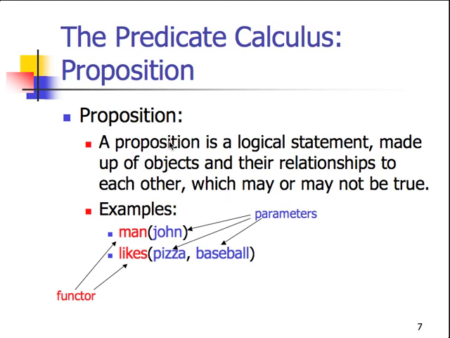It looks like a function, but it's not really a function, it's a functor, where we're defining man as John. In C, C++, or Java this would be the equivalent of saying string man = "John", but it's not really that way. We're not using it like a variable. Instead, we're using it as a definition, or proposition, essentially.